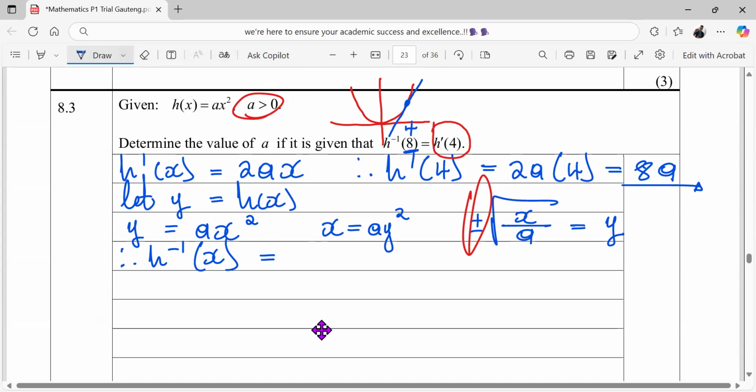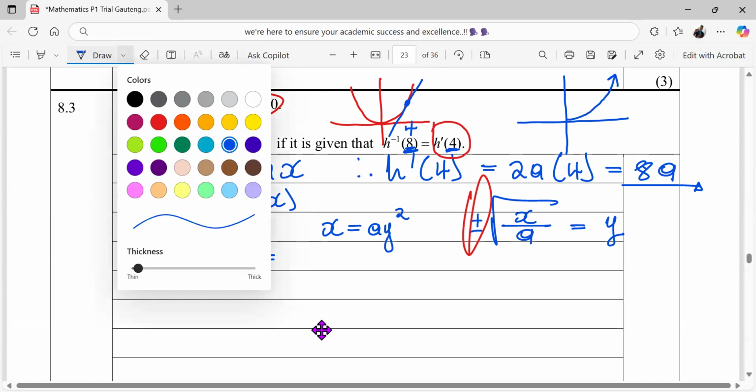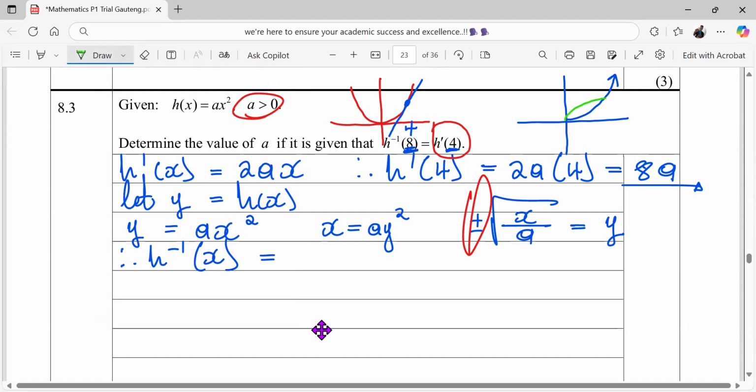And also this one is giving you a hint. Both of these values of x are positive. Do you see that? So it tells you that you're actually focusing in the first quadrant. In other words, this is how your parabolic function will be, and this is how the inverse of your parabolic function will be.